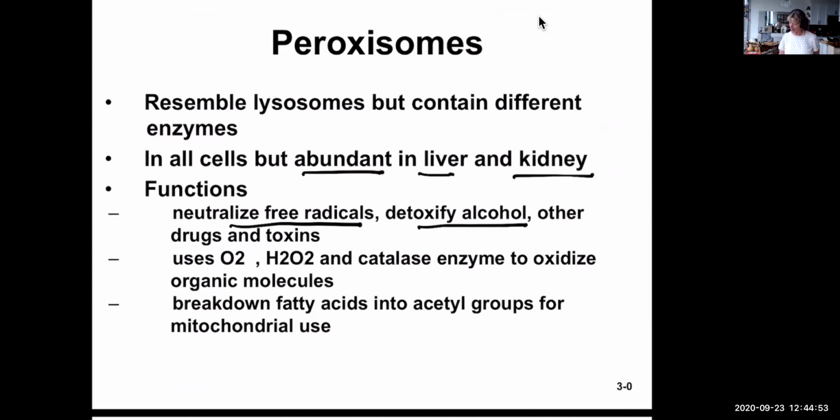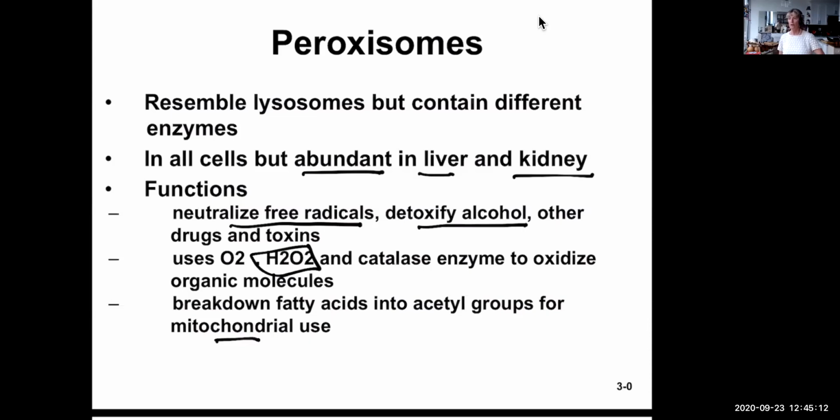They use oxygen, and they catalyze enzymes with a hydrogen oxide, I can't remember what that stands for. Catalyze enzymes to oxidize organic molecules, and they break down fatty acids so that the mitochondria can use it.